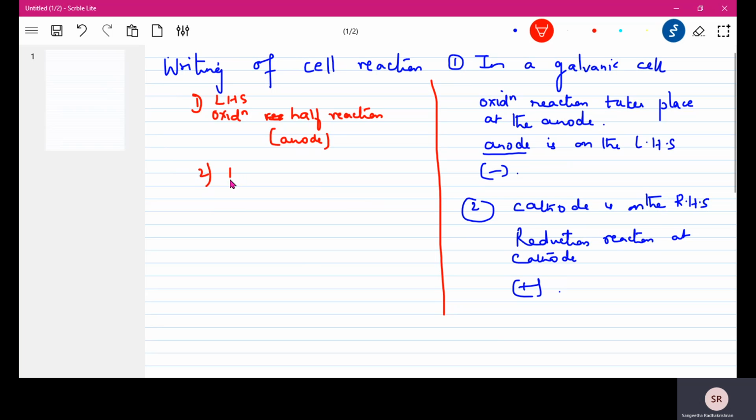And second, right hand side, you are going to write the reduction half reaction, that is at the cathode.